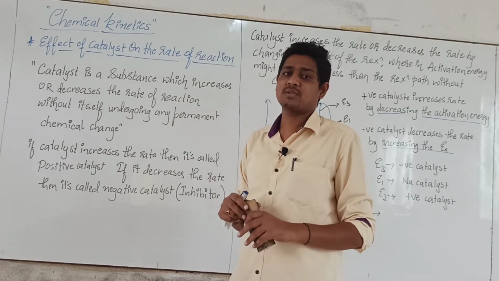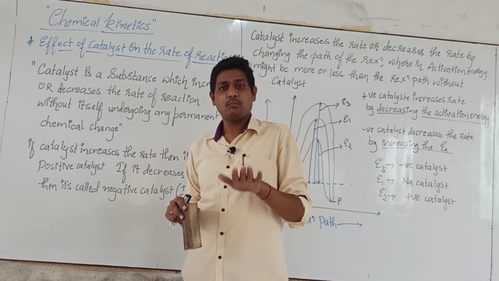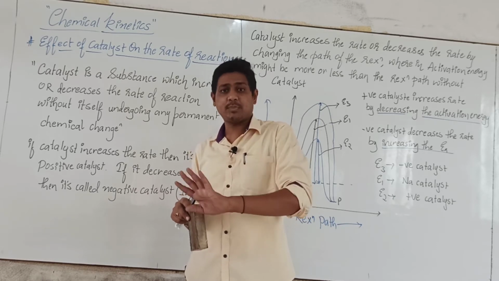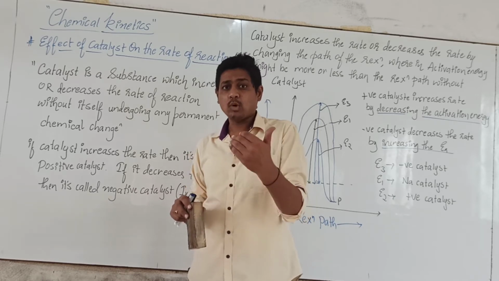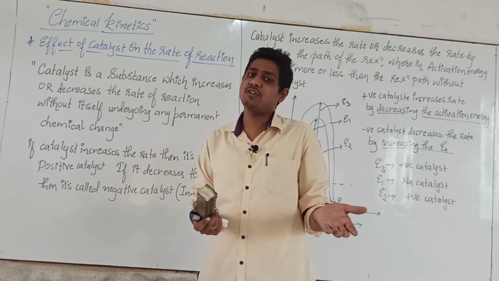So a catalyst is a substance which will increase or decrease the rate of a reaction, but it will not be involved in the reaction directly. It will indirectly support the reaction or it may suppress the reaction. If it is supporting the reaction, then the rate of reaction increases and the reaction finishes very soon.